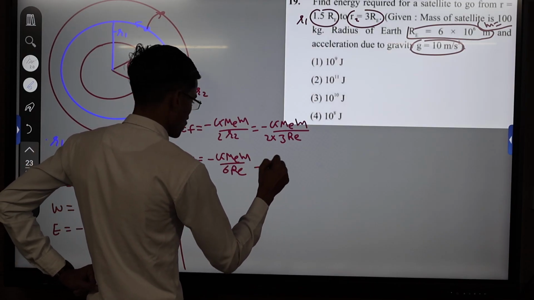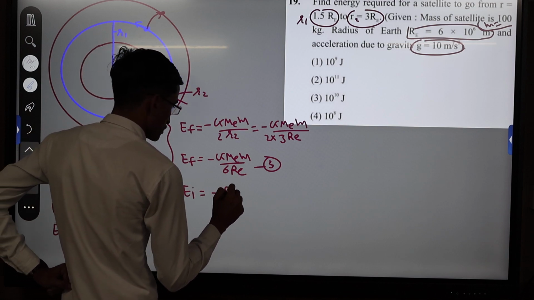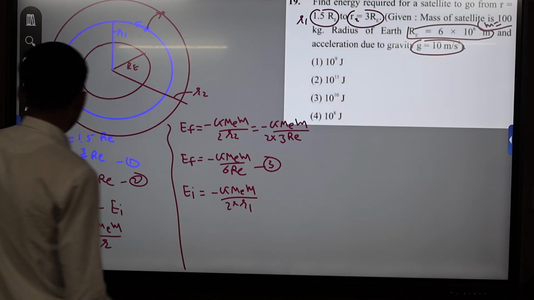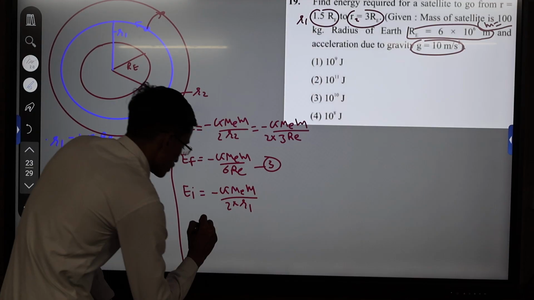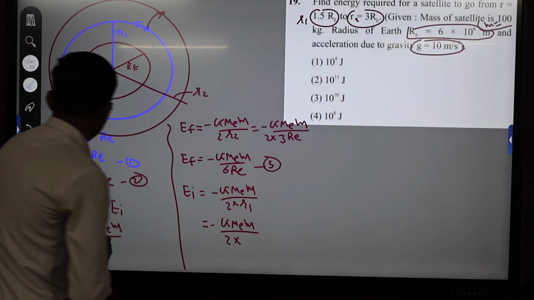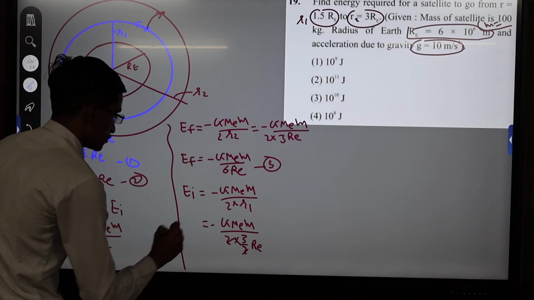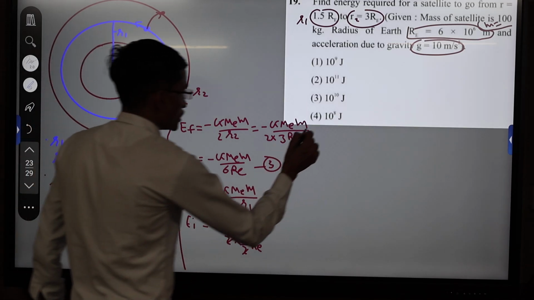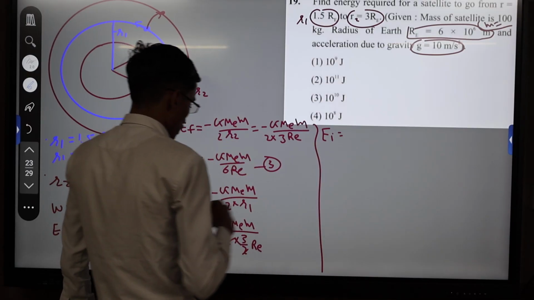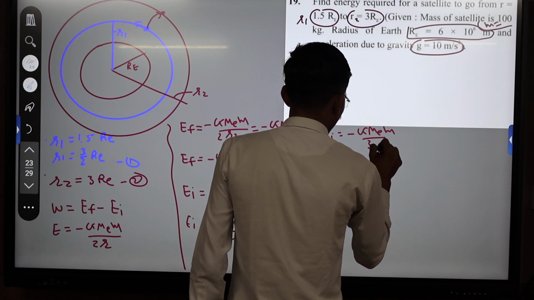As well, E initial is equal to minus GMm upon 2 into R1, where R1 is equal to 3 by 2 RE. So we write GMm upon 2 into 3 by 2 RE. The 2 will be cancelled out. So E initial will become minus GMm upon 3RE.